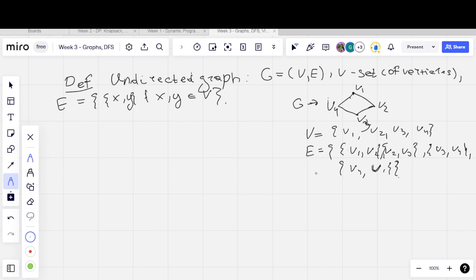I take a set because it's unordered, and for example, in the directed graph, we consider pairs because a pair is ordered. Directed graph. What is this?